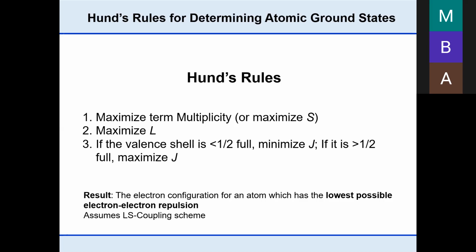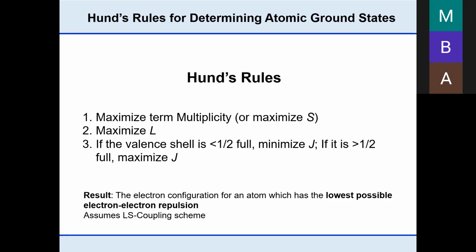I talked a little bit about Hund's rules already, but we should go over what these actually are because they're pretty important. You all kind of intuitively know these from freshman chemistry, but the way that they're taught is not always totally clear. To make it as clear as possible, there are three such rules for determining the ground state electronic configuration of an atom.